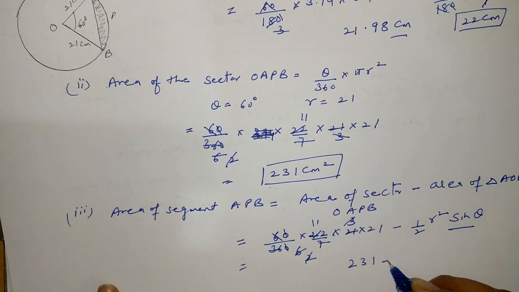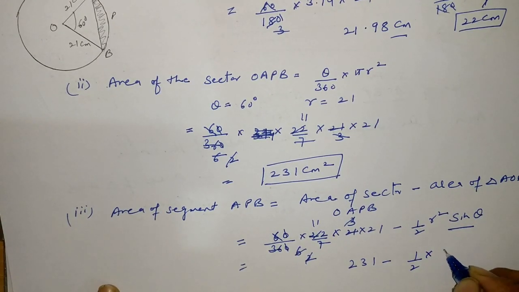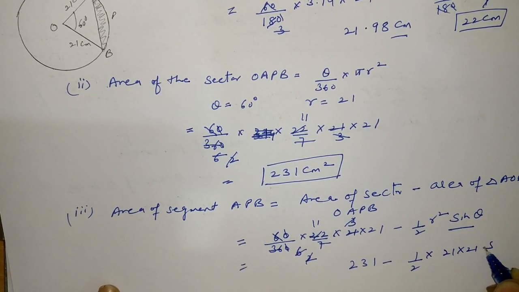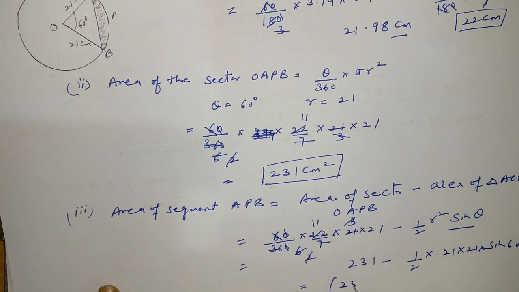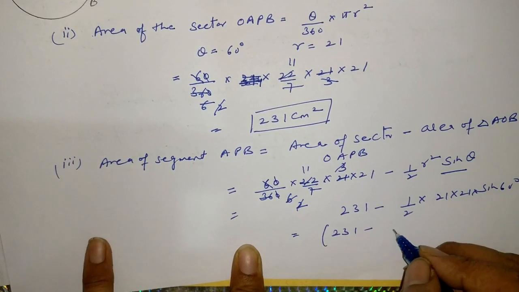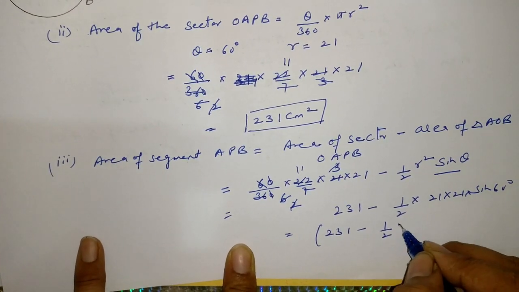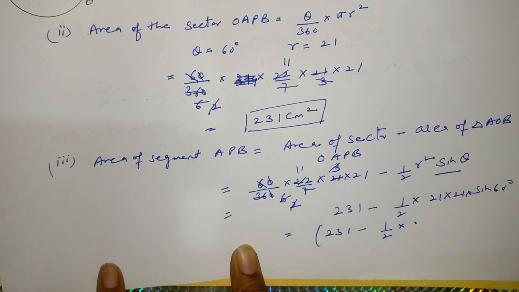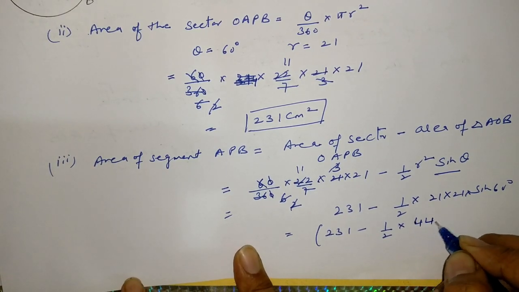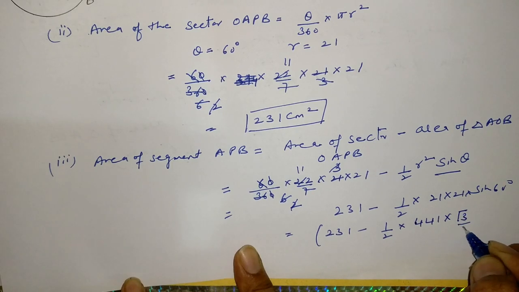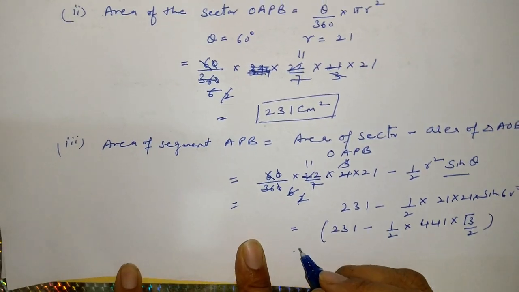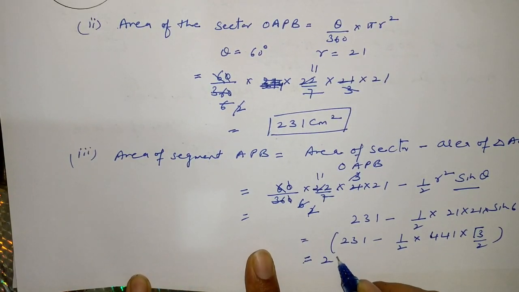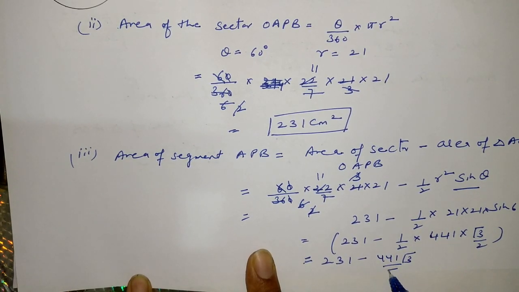No point solving again. Now r is here 21 into 21 sine 60. So this is 231 minus half 21 into 21. 21 into 21 is 441, and sine 60 is √3/2. So here we can leave our solution up till this: 231 minus 441 √3/4.